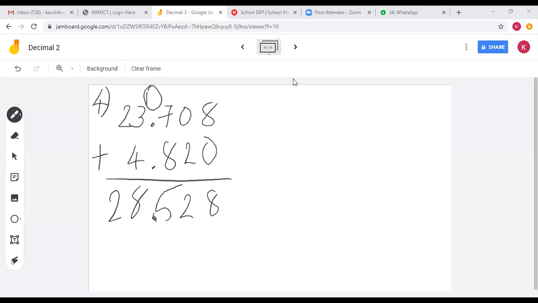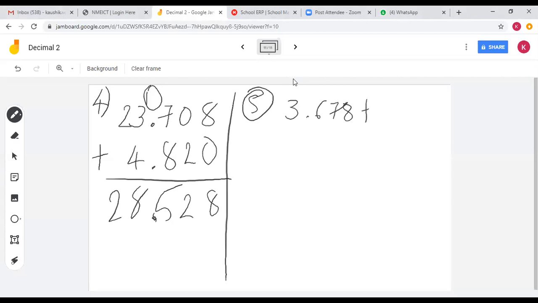So, homework for you. Number 5 is homework. 3.678 plus 9.405. Easy one.